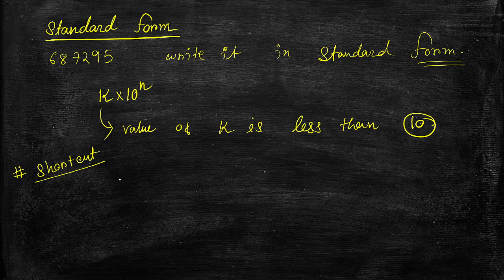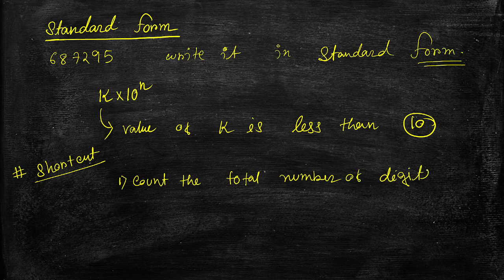First, count the total number of digits. Here is 1, 2, 3, 4, 5, 6. So the value of n will be 6. So there is k into 10 to the power n, right? So n will be 6.